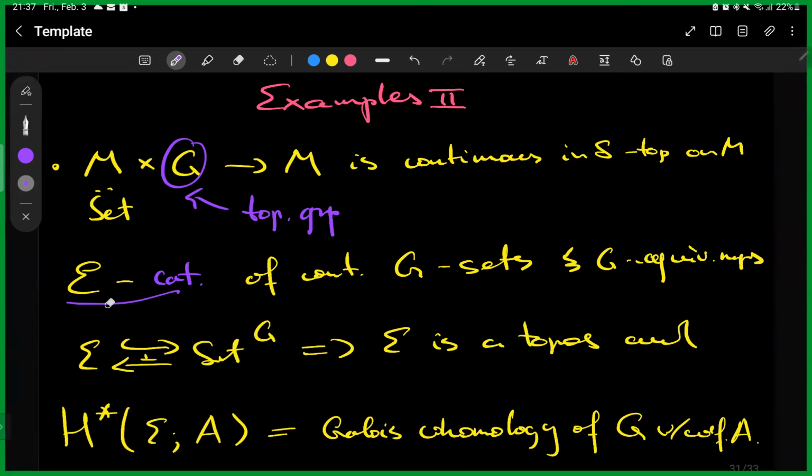And we have an inclusion and the right adjoint of this inclusion. So an inclusion into the topos of all G sets and a right adjoint.